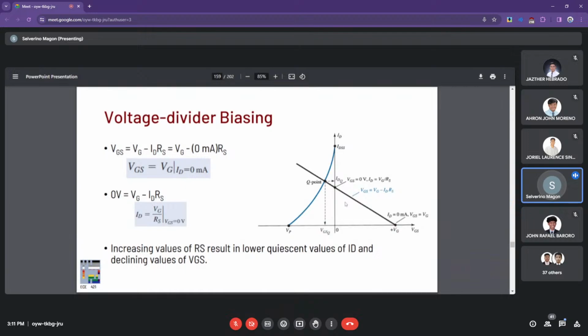So we can plot similarly the drain current, the characteristic curve from Shockley's equation, and come up with the Q point using the intersection of the load line and the drain current characteristics.